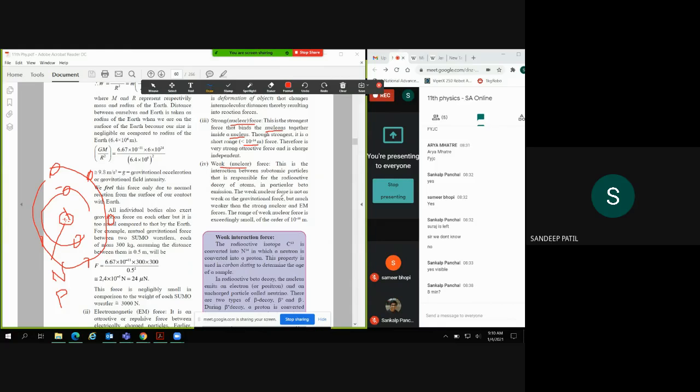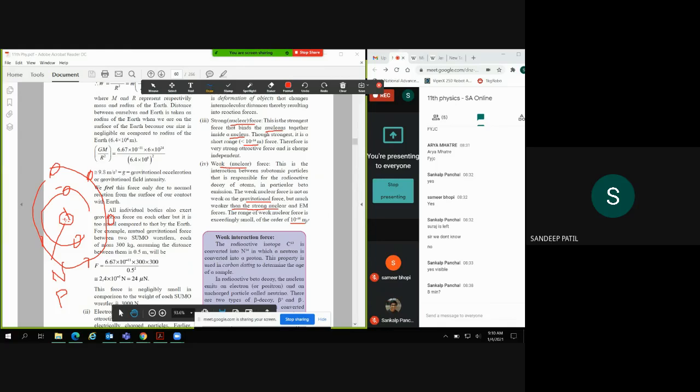The weak nuclear force is not a gravitational force, but it is much weaker than the strong nuclear force and the electromagnetic force. Generally its range is about 10 raised to minus 16 meter.